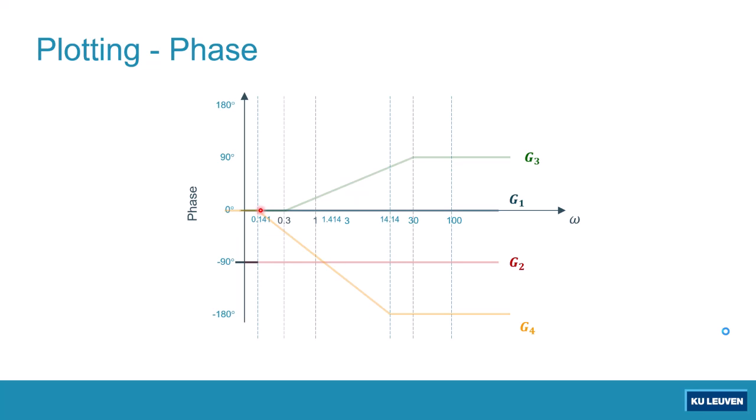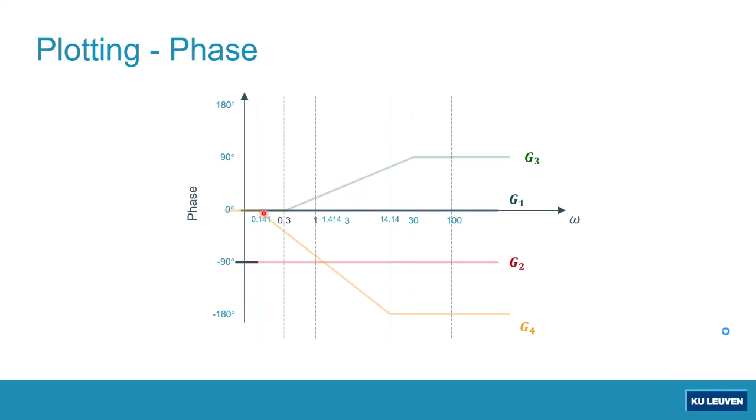And from 1 decade below the first corner frequency, 0.1414 here, until 1 decade below the second corner frequency, or 0.3 radian per second, I will have 0 slope, right? 0 slope as well from G2, right?